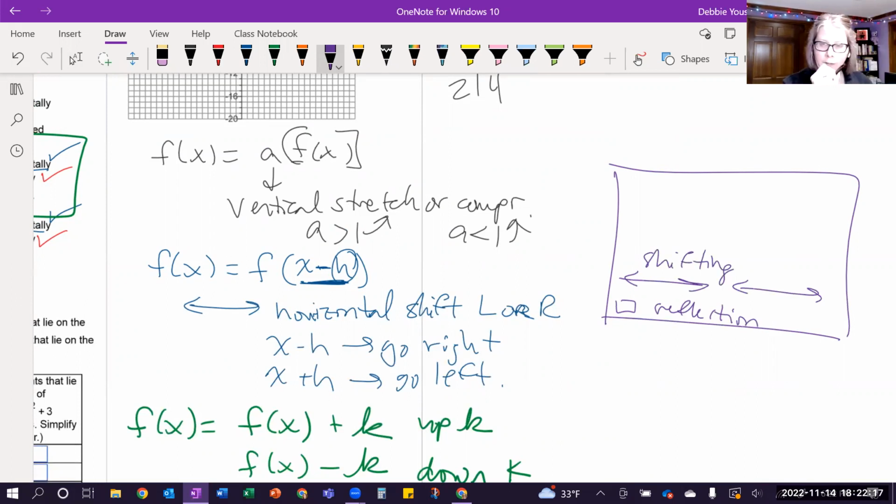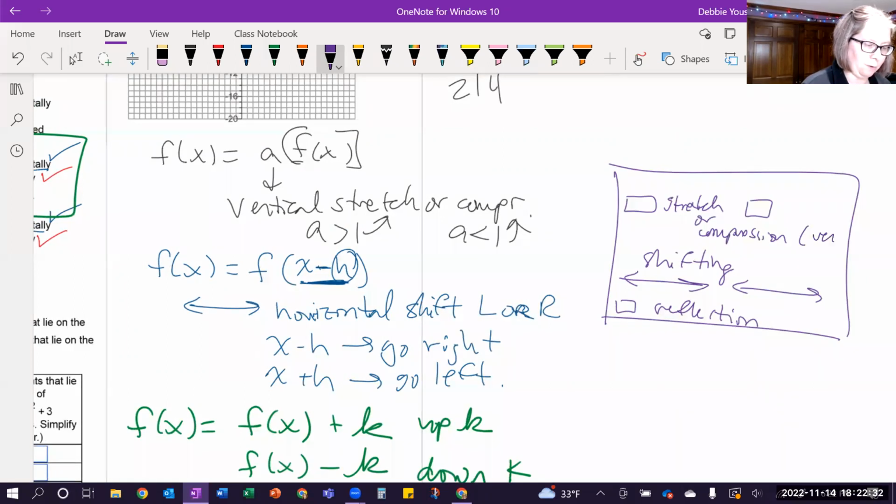And you move the little slider either left or right or up or down. And then it'll have a little box that you can put in for stretch or compression, either vertically, and again, sorry for the sloppy handwriting, or horizontally. And then you put in the number.